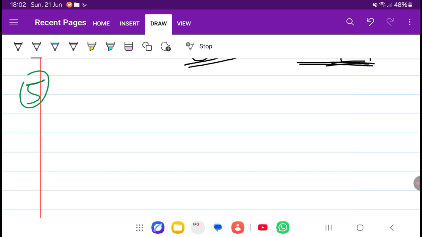So step 5 is for us to get the starting point, and we said we can use the smallest data value or any value that is convenient as long as it is less. So 100 is the smallest value. If you want to take the convenient, of course you can't say 99 will be convenient. You rather take the 100. So we are going to take 100 as our lowest class.